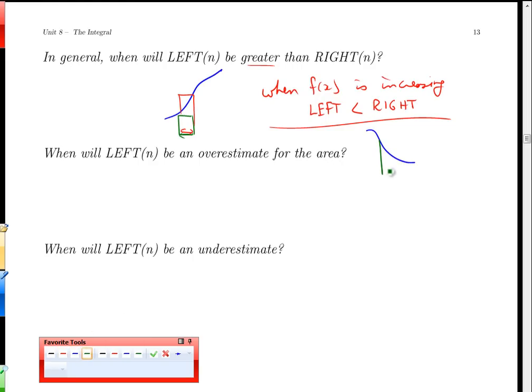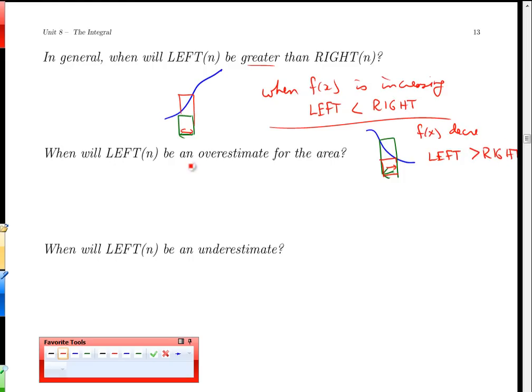Then the left-hand endpoint would give us a rectangle that's nice and tall because the left-hand point is higher up than the right-hand endpoint, like so. So if f of x is decreasing, then the left-hand sum will be larger than the right-hand sum.